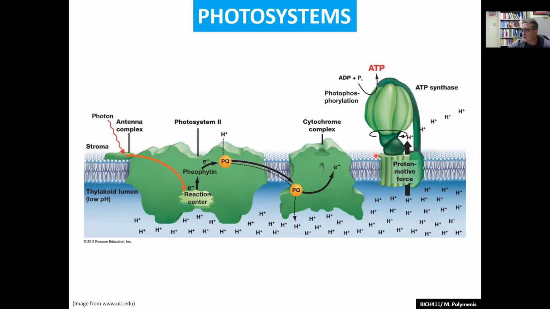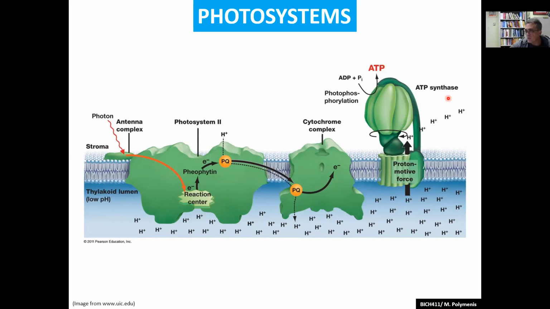So you now have protons getting into the thylakoid lumen, and all you have to do is put an ATP synthase. Now the protons want to go out. That's the proton motive force that you have built. You have charged your batteries in each of the little thylakoids in the chloroplast, and as the protons go out, you make ATP. So it's exactly the same principle.